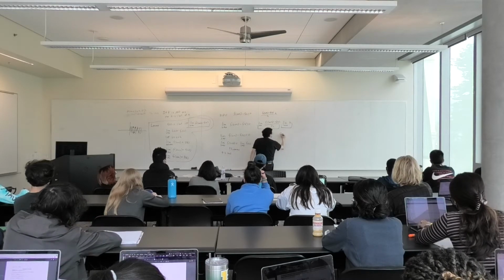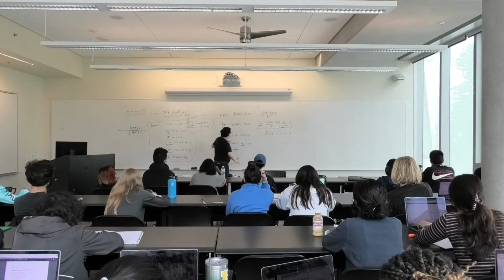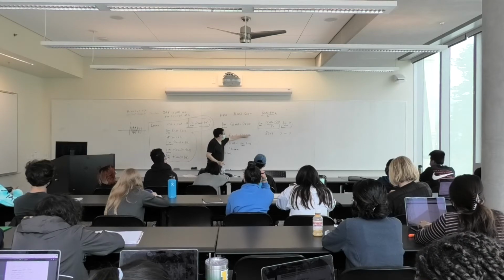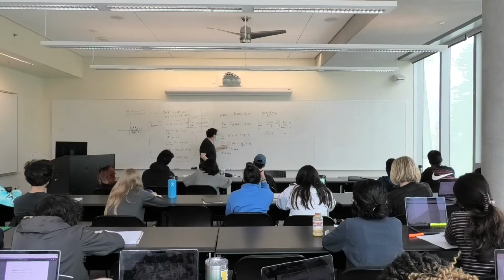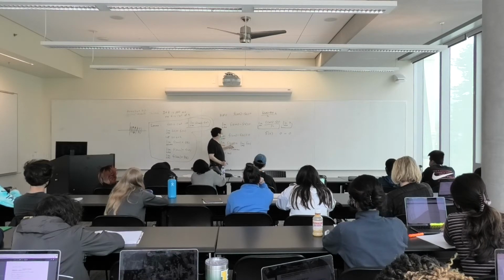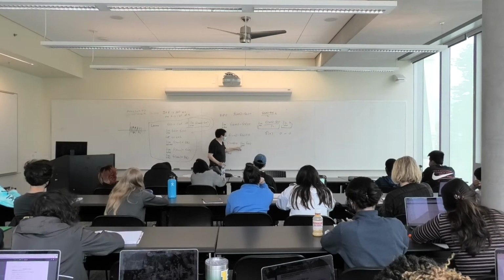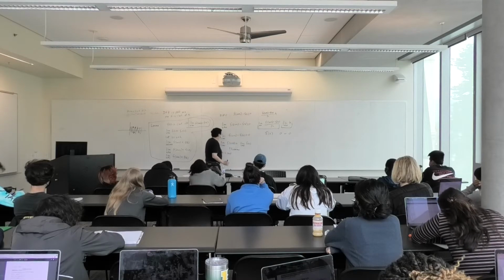But the limit over here is 0. So this is 0. So we know that this limit has to equal 0. But if this limit has to equal 0, then we know that the limit of f of x plus h as h goes to 0 is the same as the limit as h goes to 0 of f of x. Okay. Right?